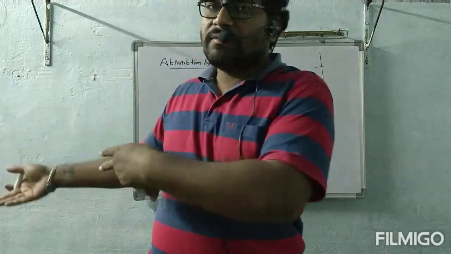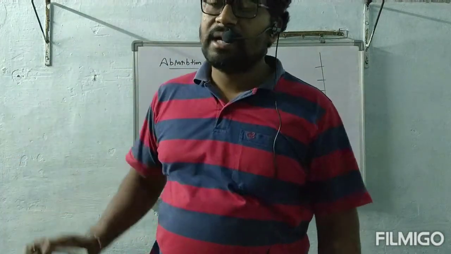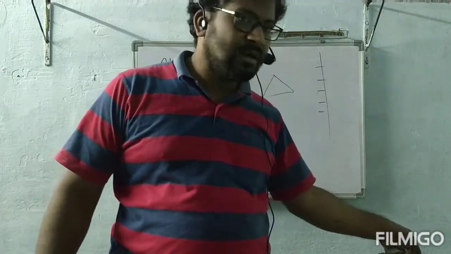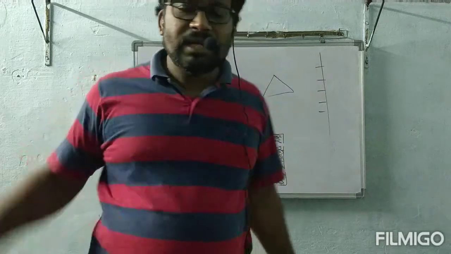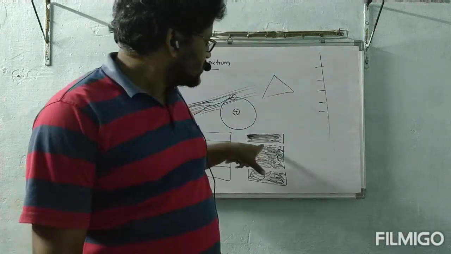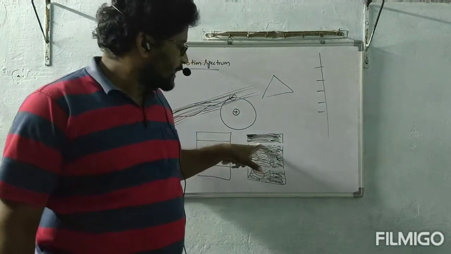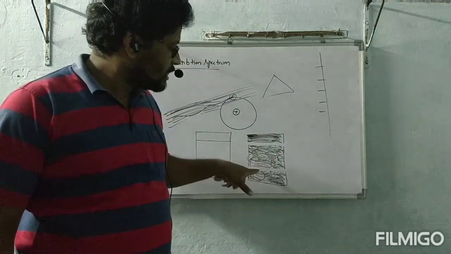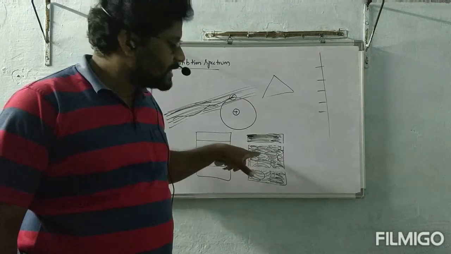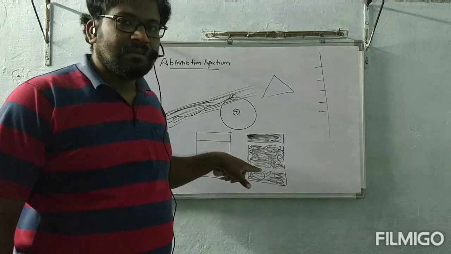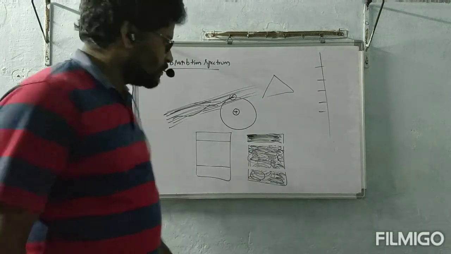Between shadow and shadow, we have light on the screen. Shadow means dark, black color. Between them, light is there. That is bright color.